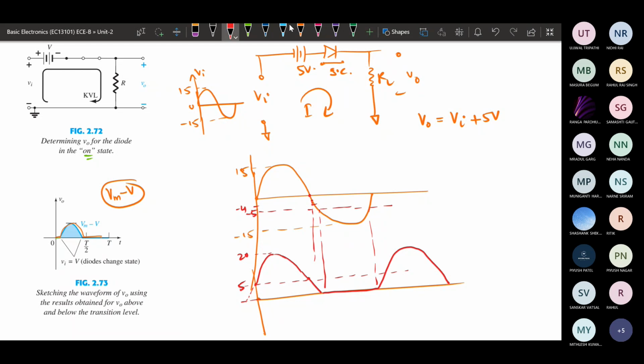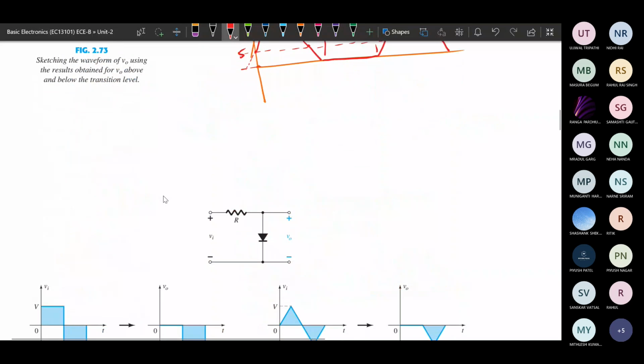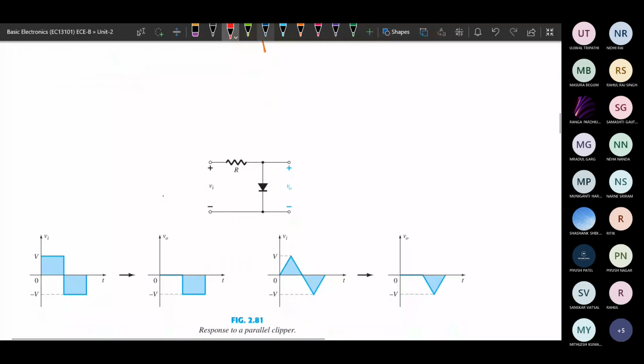So in even the GATE also, these clipper and clamper circuits can be asked, and in that they will be playing with whatever the supply voltage it is providing. So if it is providing a positive or negative with respect to the input or with respect to the diode, that will be deciding the output voltage level. Okay, so that is basically the series clipper.